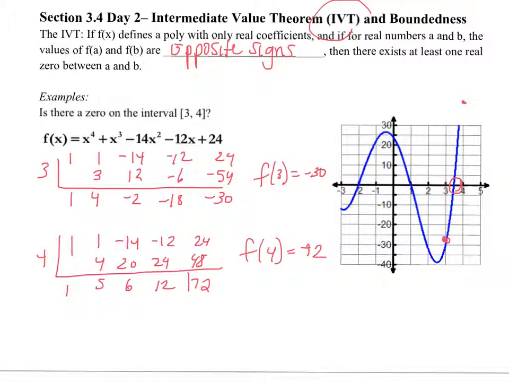An explanation that I would give would be something such as, yes, there is a zero on 3, 4 because f of 3 and f of 4 have opposite signs. And that would look like this.